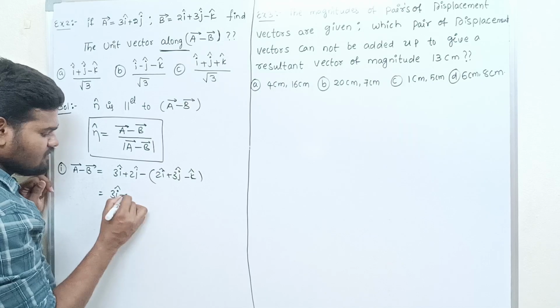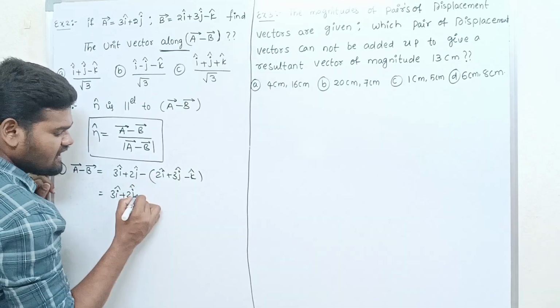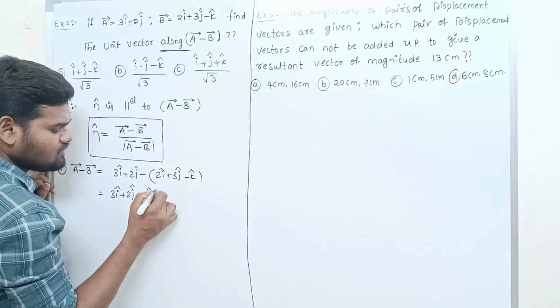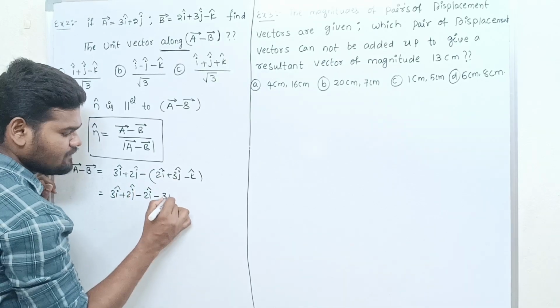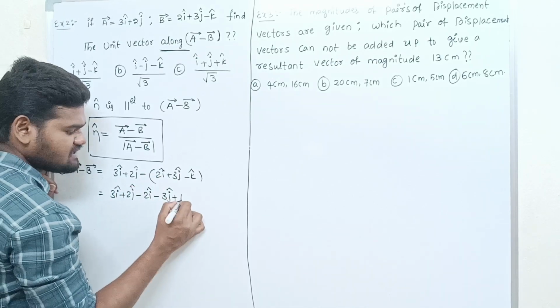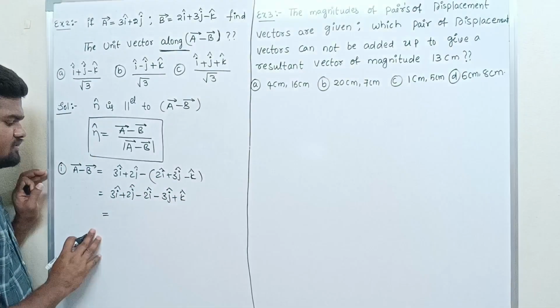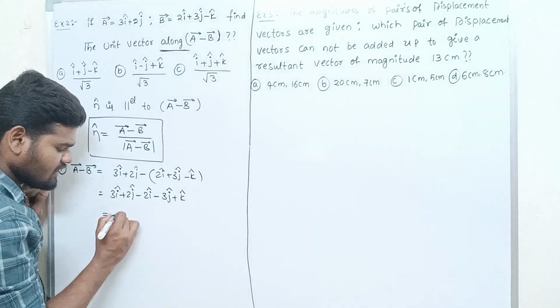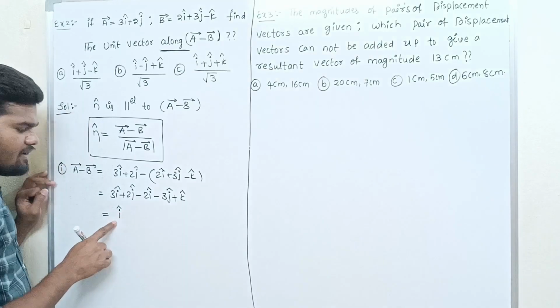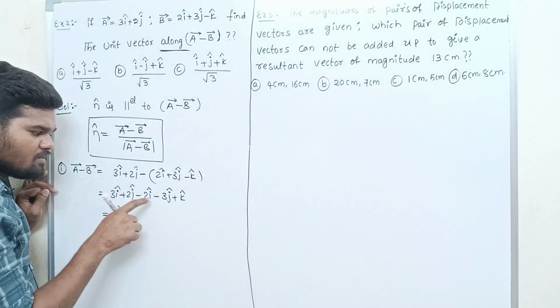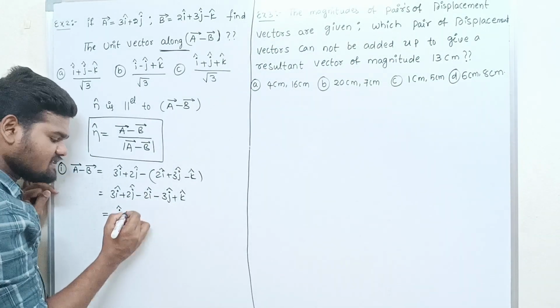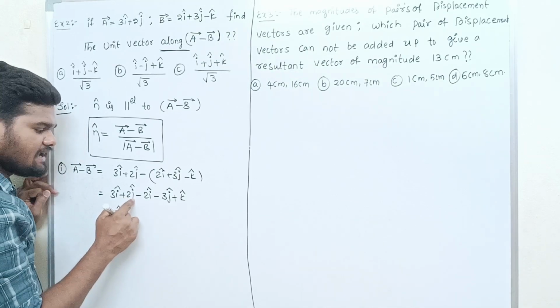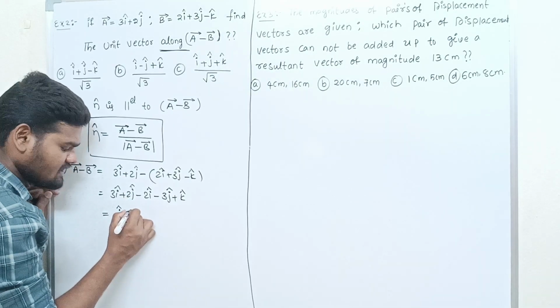So 3i cap plus 2j cap, plus into minus 2i cap, minus into plus minus 3j cap, minus into minus plus k cap. This is equal to 3i cap minus 2i cap, which is 3 minus 2, 1 i cap, plus 2j cap minus 3j cap, 2 minus 3, minus 1, plus 2j cap minus 3j cap, minus j cap.